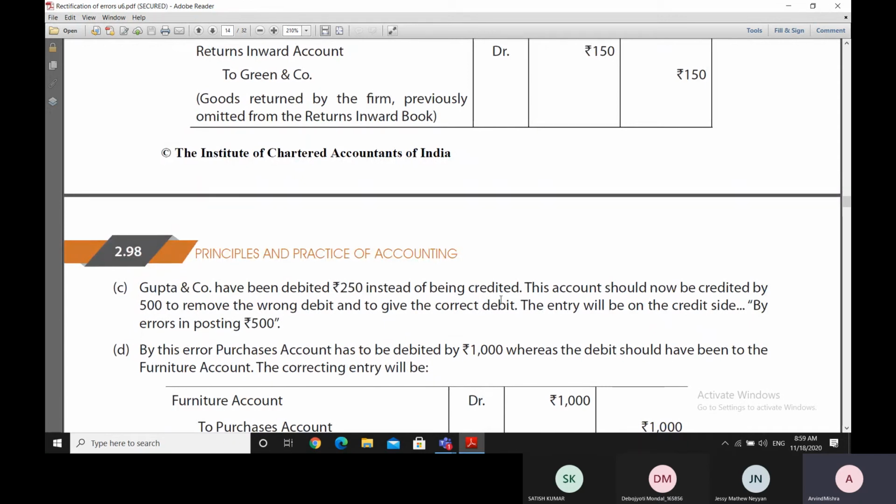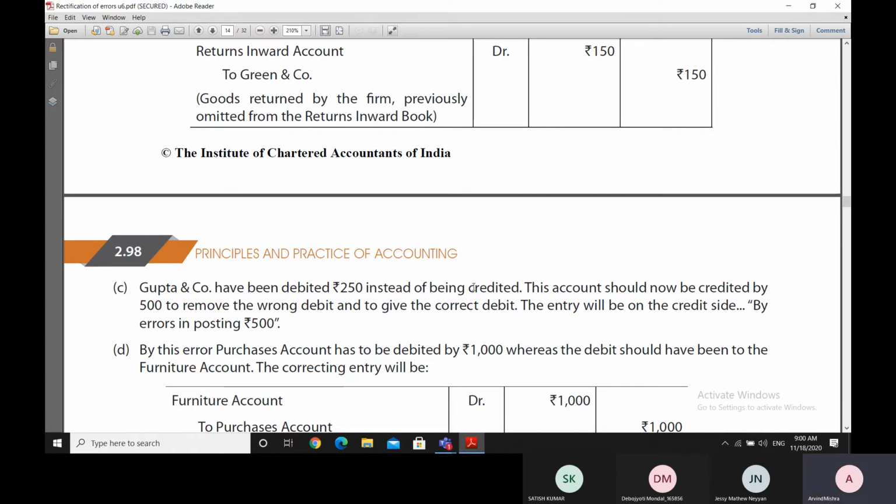So since by mistake Gupta and Company has been debited here, the entry will be made to remove the wrong debit.